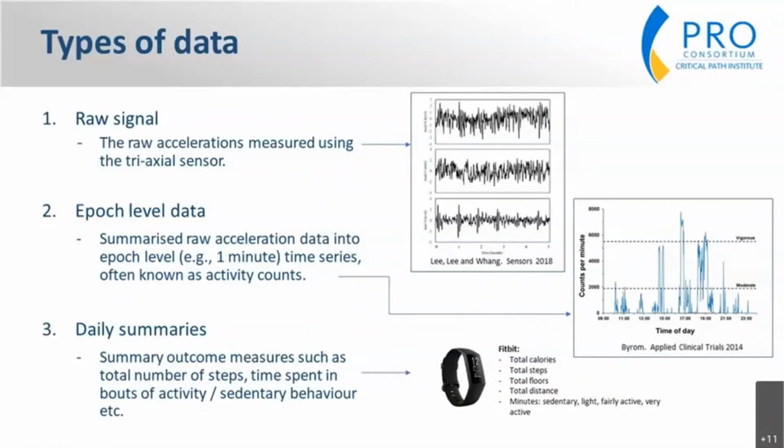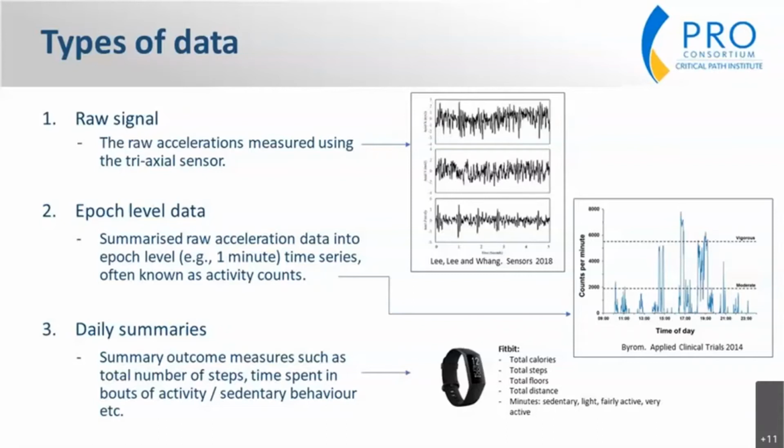Let's consider the type of data that these devices typically produce. There are three levels to that data, and Jen referred to this a little bit in her presentation. The most granular level is the raw accelerations that are captured by the onboard sensor. These are usually reflected, as you can see on this diagram, as accelerations across three separate axes.